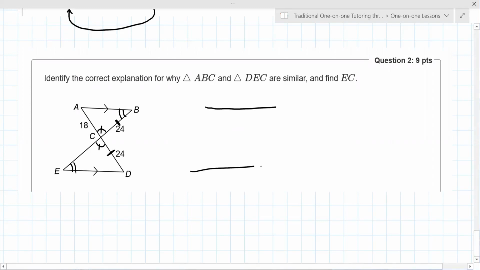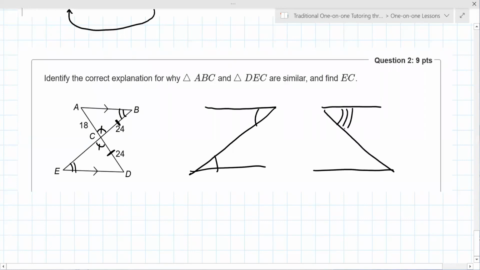When two lines are parallel and they're cut by a transversal, alternate interior angles, you remember that? Yes. Okay, now if we go the other way, this angle is congruent to this angle down here, and that's this one and this one. So basically all three angles are congruent. Yes. And that's AA. That allows you to prove similarity by AA.